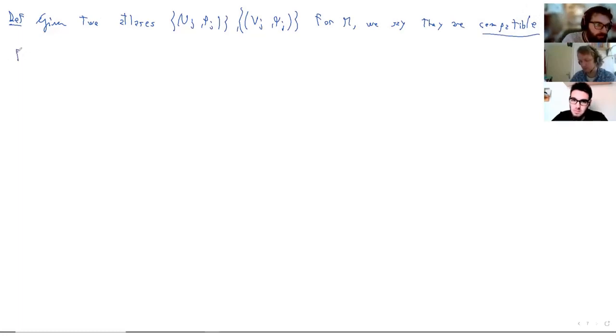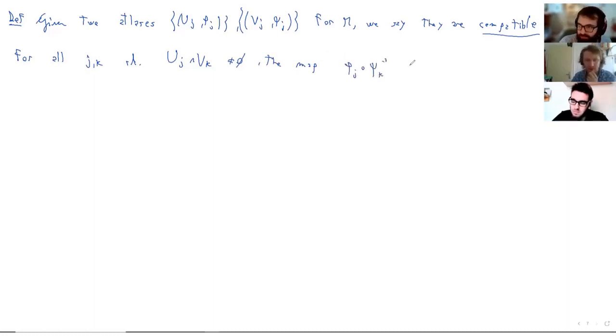If for all j and k such that U_j intersected V_k is non-empty, the map phi_j composed with phi_k inverse, in the correct domain, so phi_k of U_j intersected V_k into psi_j of U_j intersected V_k, is C^k, of the correct regularity.